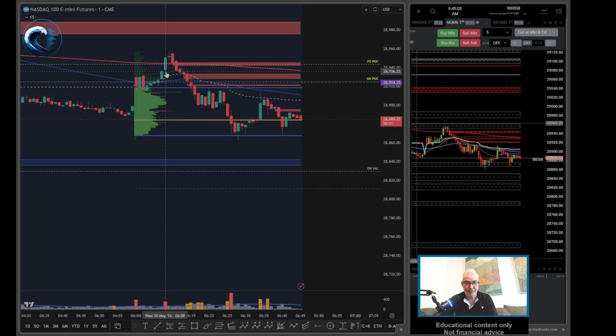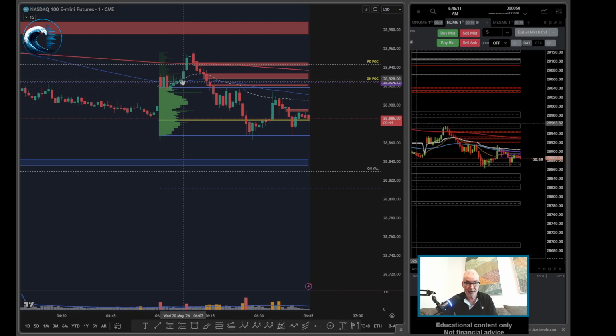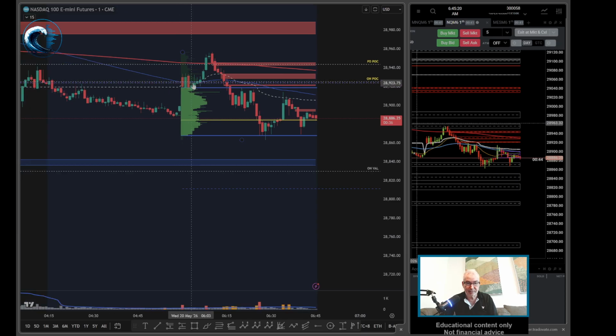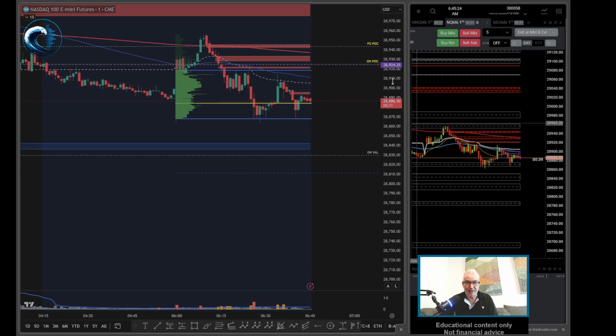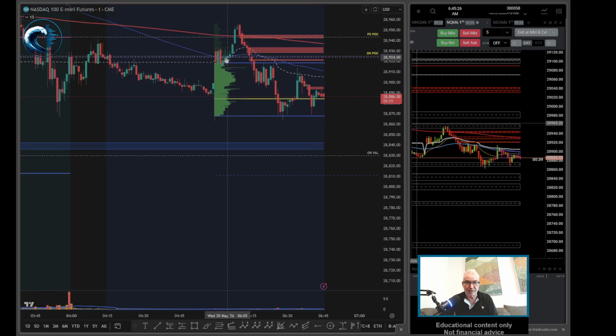If it's just going up slowly, like some of these candles going up slowly into the POC for example here, because these are layered on top of each other, I want to see that reaction. That is just moving up gradually.